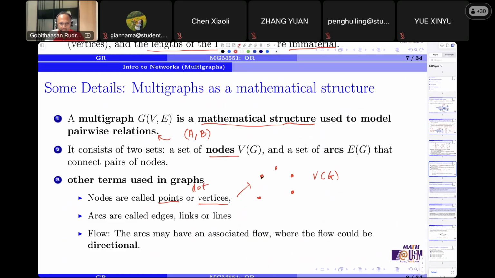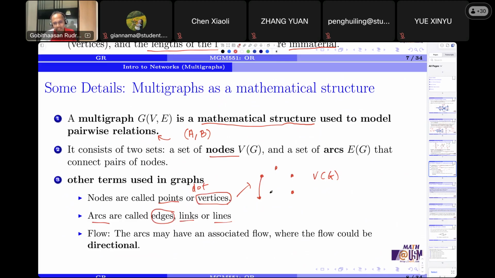Whereas the connections, the so-called pairwise relations, are called arcs, or links, or lines, or edges. I prefer edges. I'm quite used to calling them edges, so I prefer edges. When it comes to the dots, I prefer to call them vertices, right?